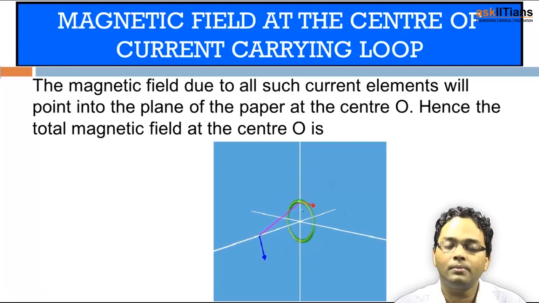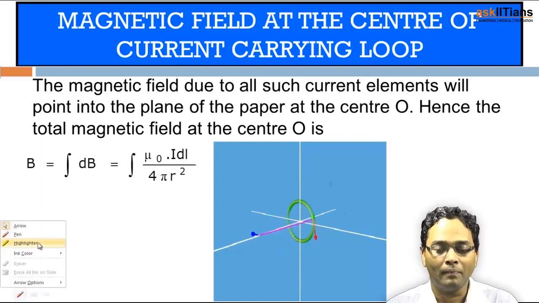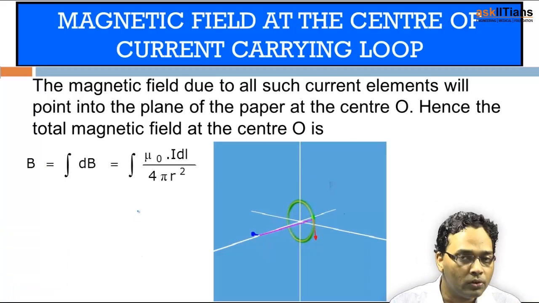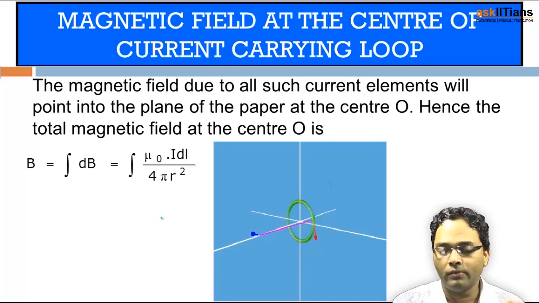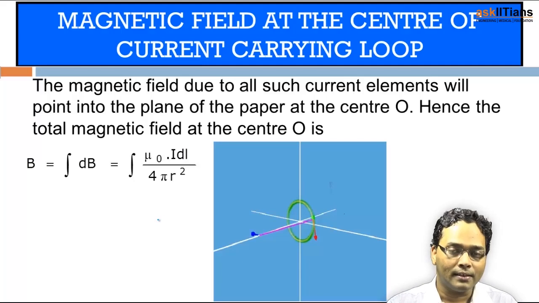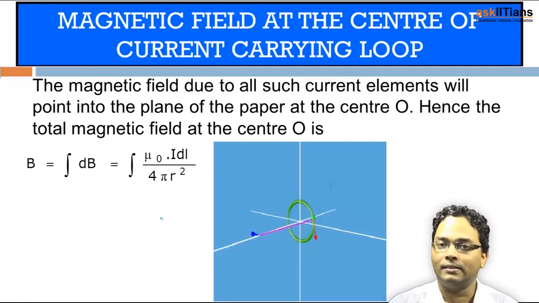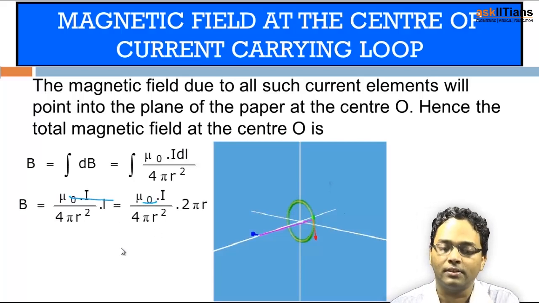Since it's a uniformly circular ring, the current element is also going to be moving, so there is a tangential component, and this is nothing but the magnetic field component. We get that by integration, because we know that at any particular point the magnetic field is given by the Biot-Savart law, which is mu naught by 4 pi, I dl sine theta over r square. Sine theta here is going to be 1 because the angle theta is equal to 90 degrees. If we integrate this, it results into something like this.